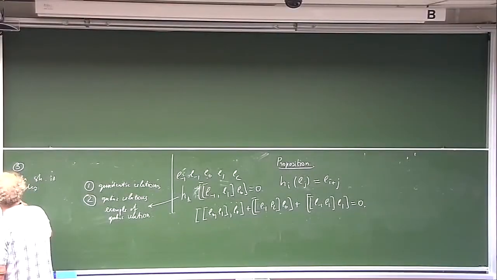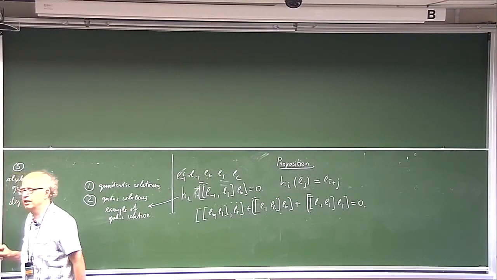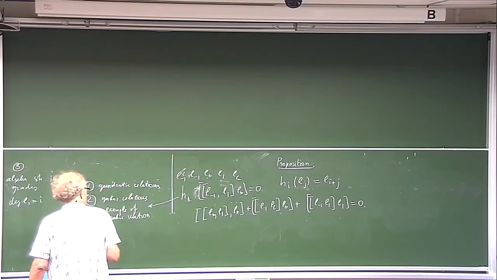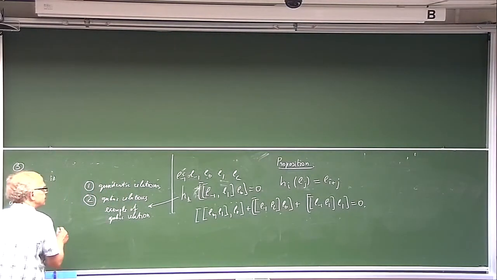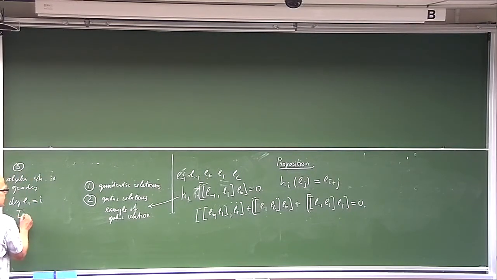But it also has the grading that degree Ei equals i. And from this point of view, a relation can be homogeneous. For example, the relation E minus 1, E1, E0, the degree of this relation is 0.